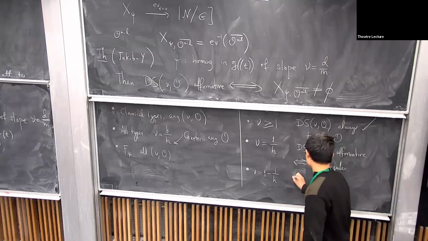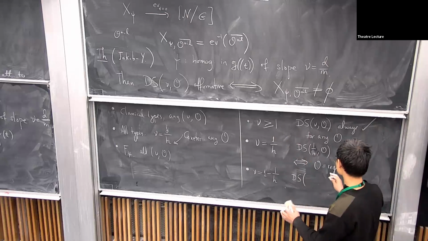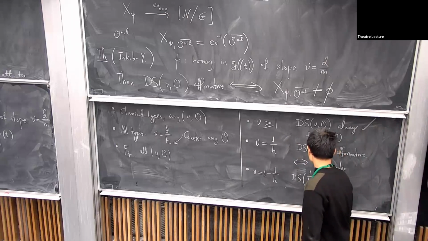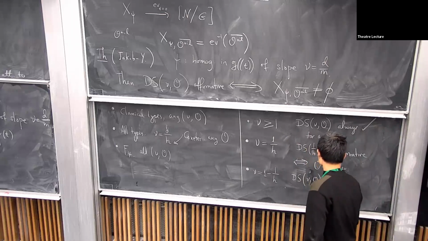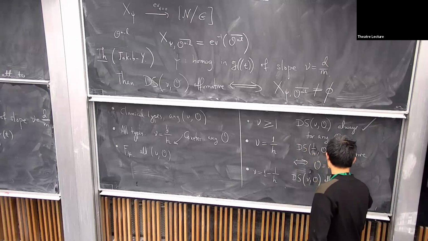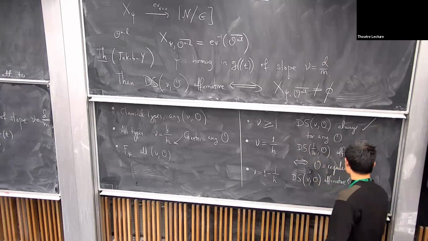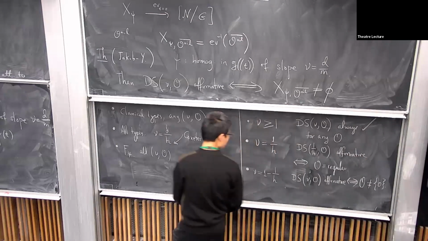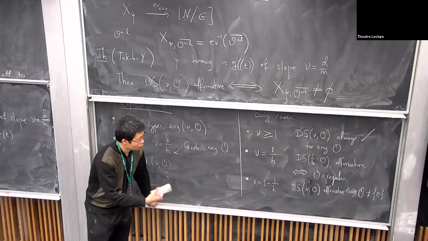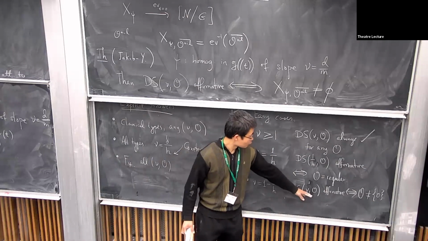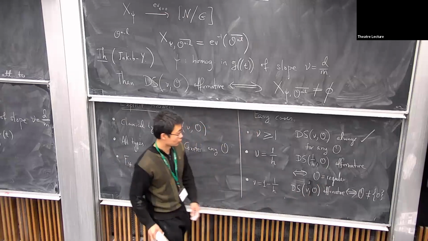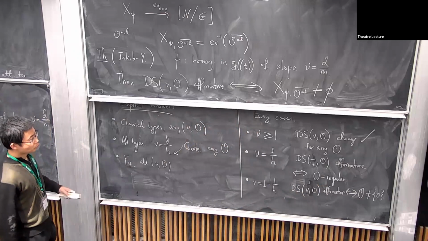Indeed, all you need to throw away is the 0 orbit. So this has an affirmative answer if and only if O is not 0. Namely, your connection needs to have a singularity at 0, but that's the only restriction.